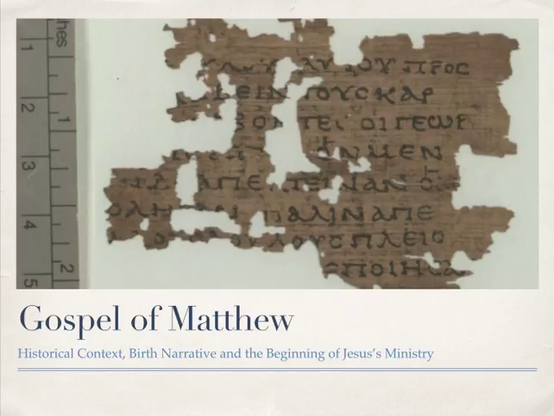So this gives you an idea of how hard it is for scholars to construct an original text of the Gospel of Matthew. They take pieces of manuscripts like this, gathered from all over the ancient world, compare them, see where they agree and disagree, and then they have to make editorial decisions about which ones they think are the most authentic and the most early, and things of that nature.